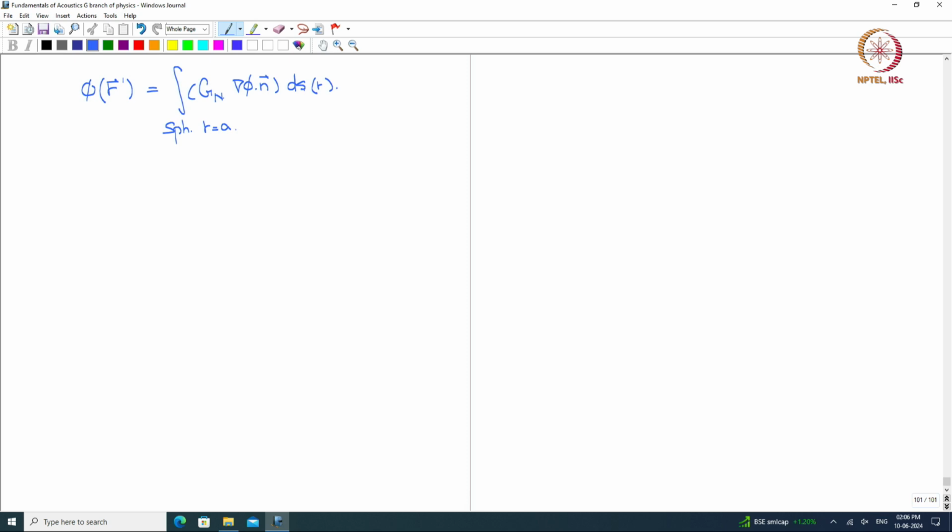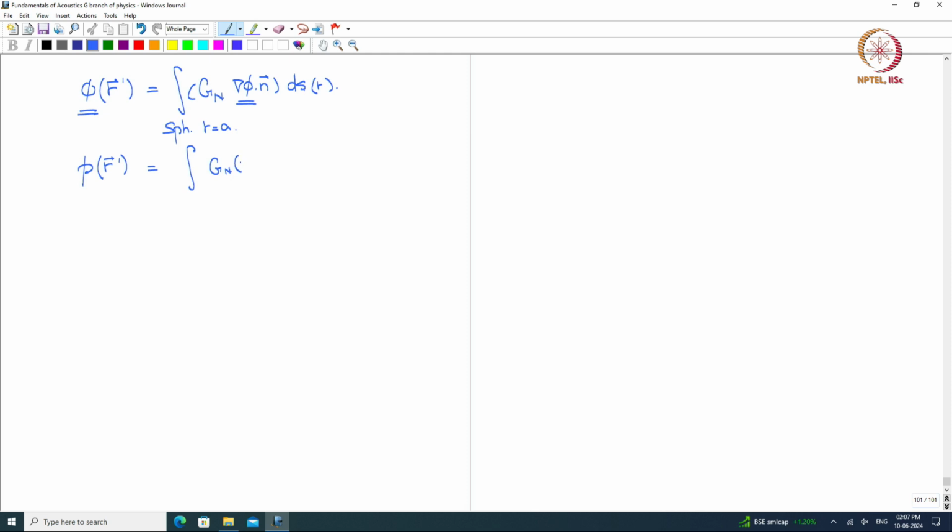Okay. Now if phi is any function, then here also phi is any function. But if I choose this to be pressure here, then on the right hand side also it becomes pressure.